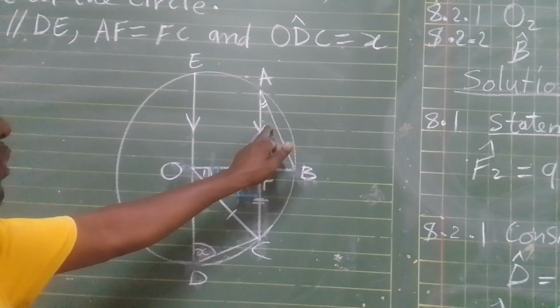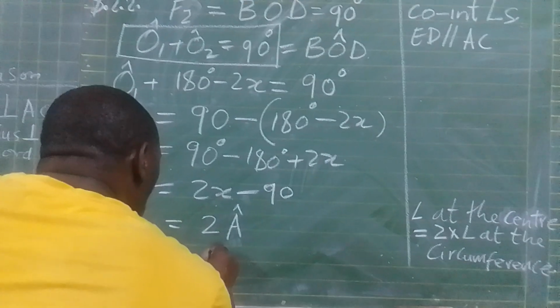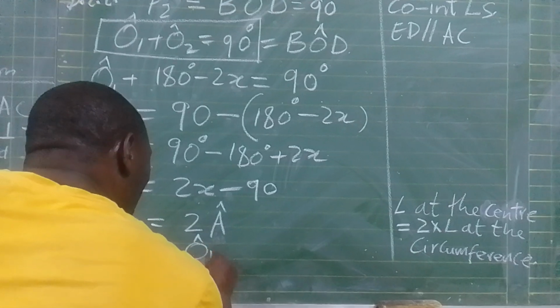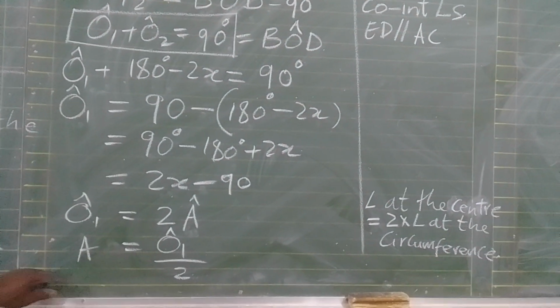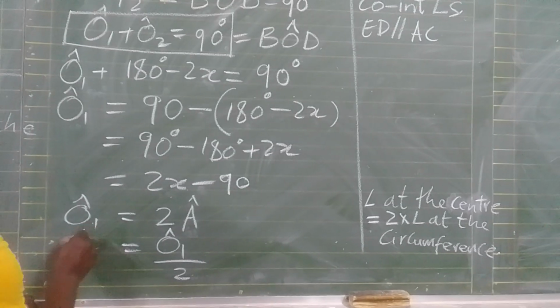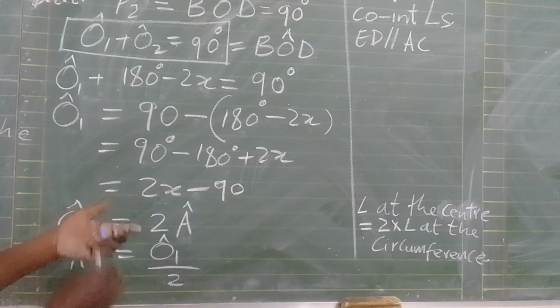Now we can find the value of A. A is going to be O1 divided by 2. So we find A as O1 divided by 2. Well, our O1 is this value.